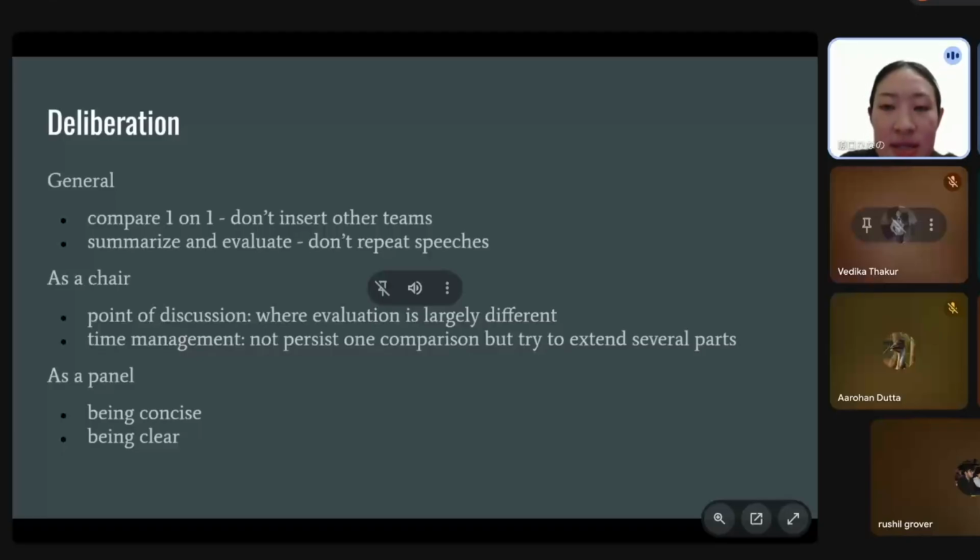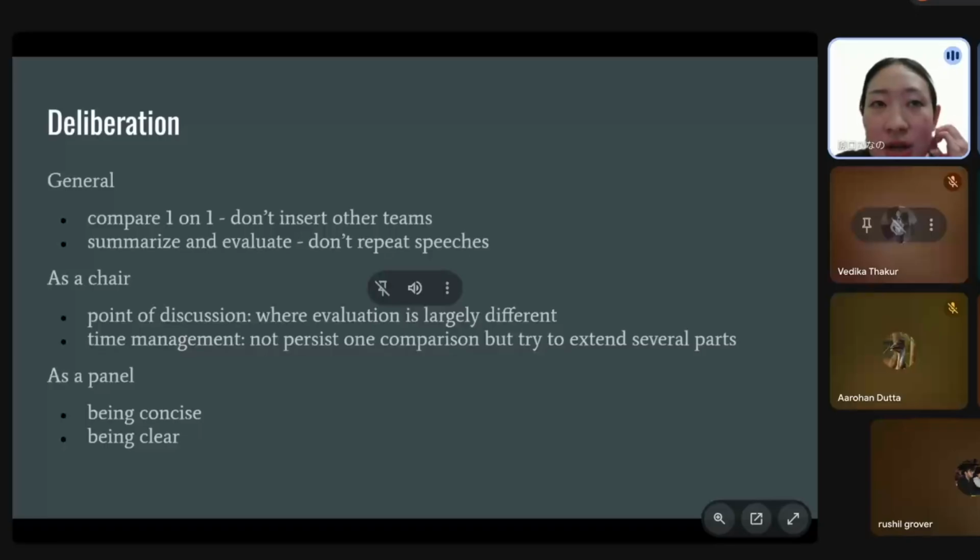The second thing is also time management. Because there are six comparisons in a BP debate, you cannot persist on one comparison to a very long degree. Even if there's a very drastic difference in the evaluation, like first and fourth, you probably have to take the time on that comparison.